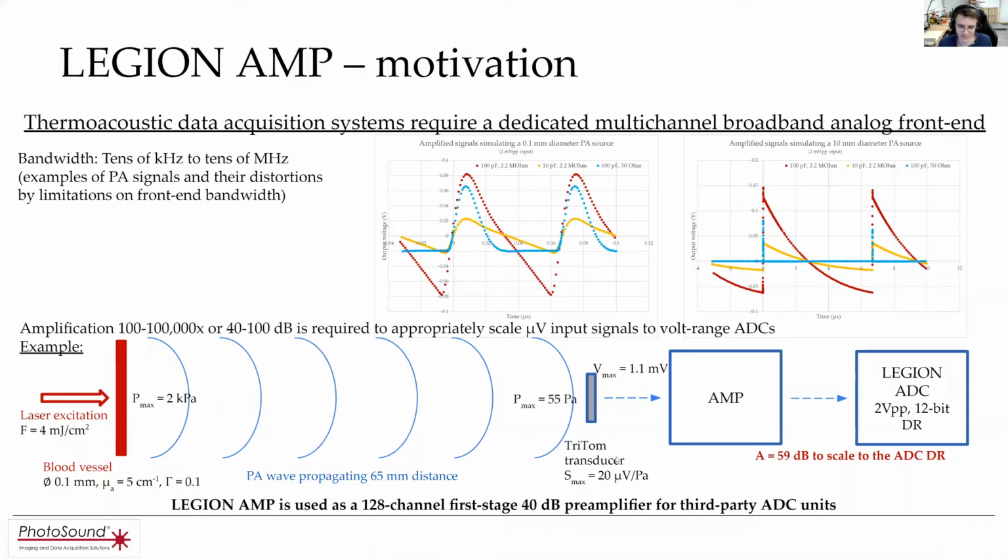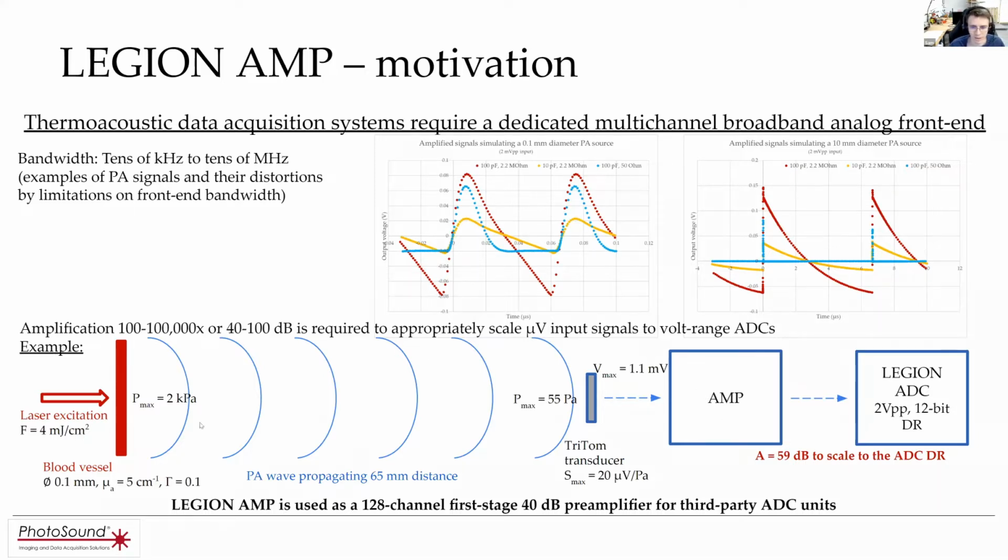This is actually the transducer for our Tritom fluorescence and photoacoustic imaging system. Then we amplify that with the Legion amp for 40 dB, and the ADC's range is ideally 2 volts peak to peak on 12-bit resolution. And so our ADC ends up providing about 19 dB of amplification, with the amp providing that 40 dB.